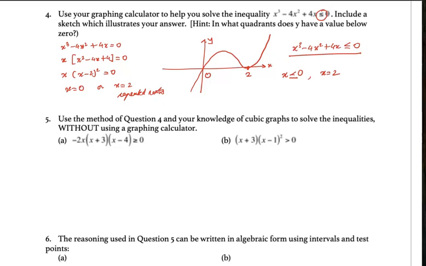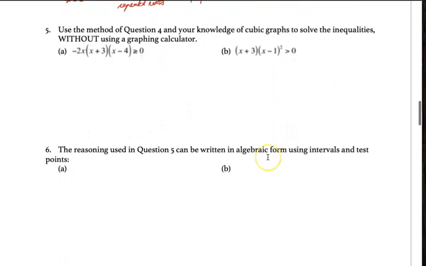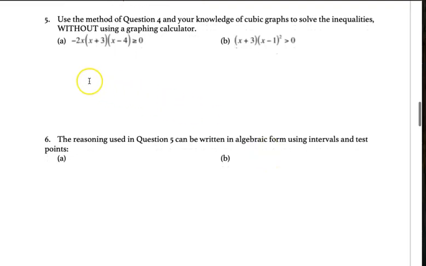It's asking what values are less than or equal to 0. It's equal to 0 at 0 and 2, and it's less than 0 before 0. It's because of the sign, less than or equal to. Similarly, you'll be doing this over here.